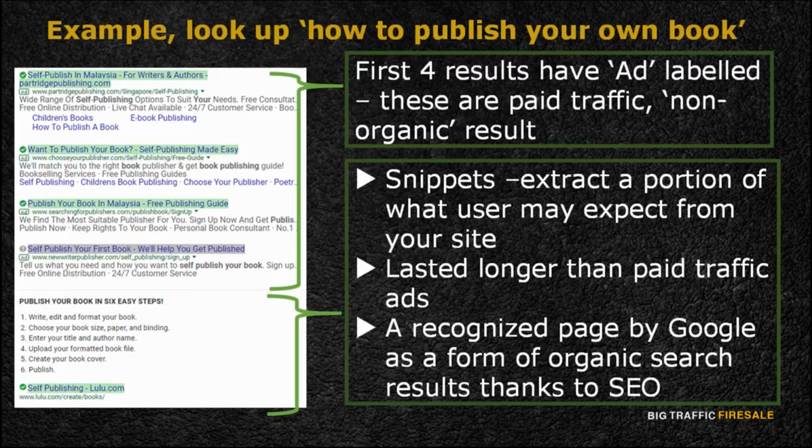According to Google, snippets are programmed to extract a portion of what users would see on your site. This featured snippet helps boost the user's attention to your site. This is what most online marketers are aiming for because it lasted longer than paid traffic ads. A recognized page by Google as a form of organic search results, and it's all thanks to SEO.